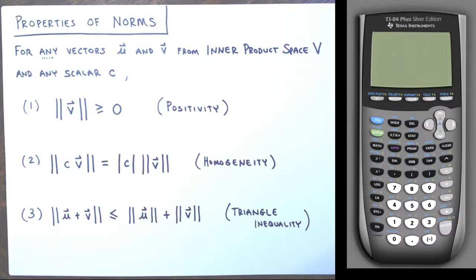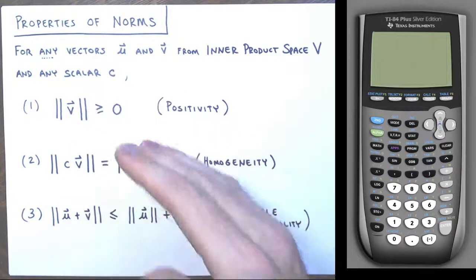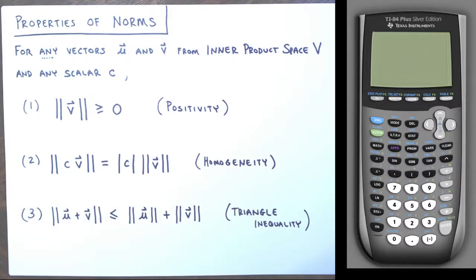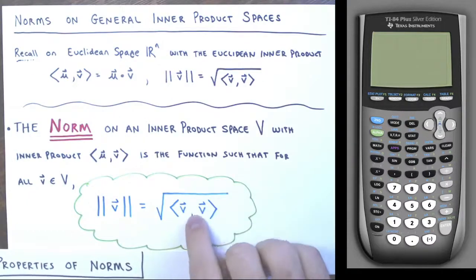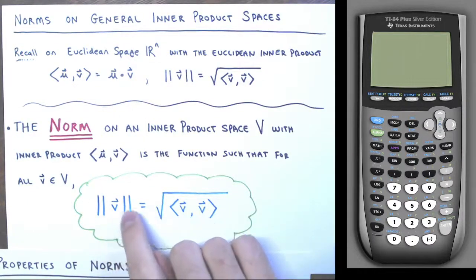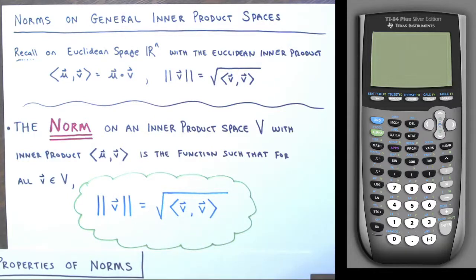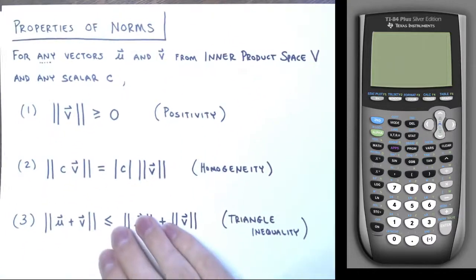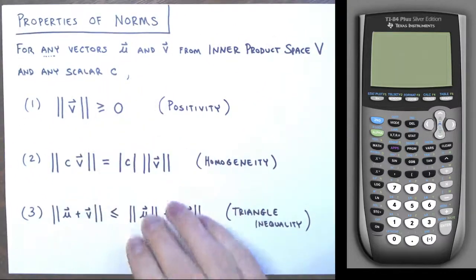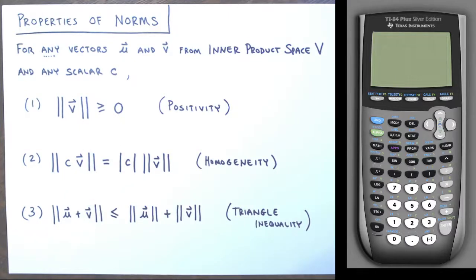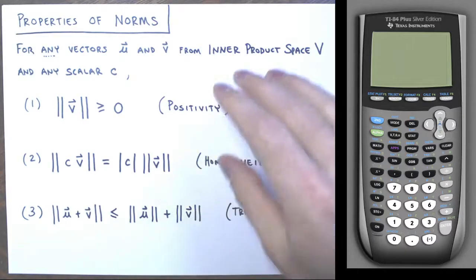But now we're going to see other inner products and use these same definitions. This is how we're defining norm on any inner product space: the square root of the inner product of the vector with itself. And what I'm going to do now is demonstrate one example of each of these properties again, but on some other inner product spaces.